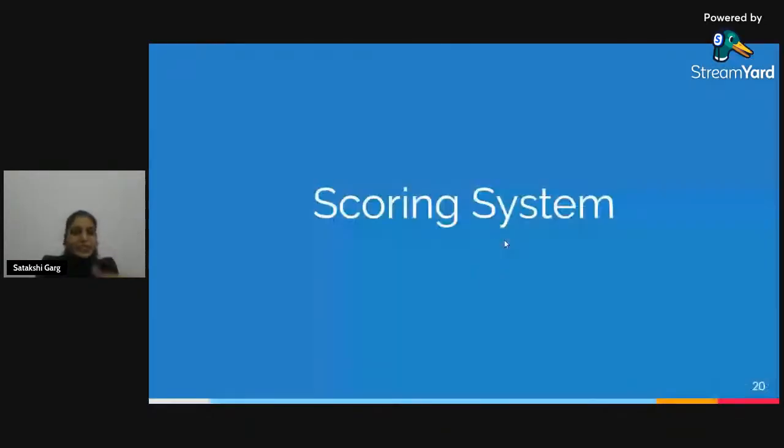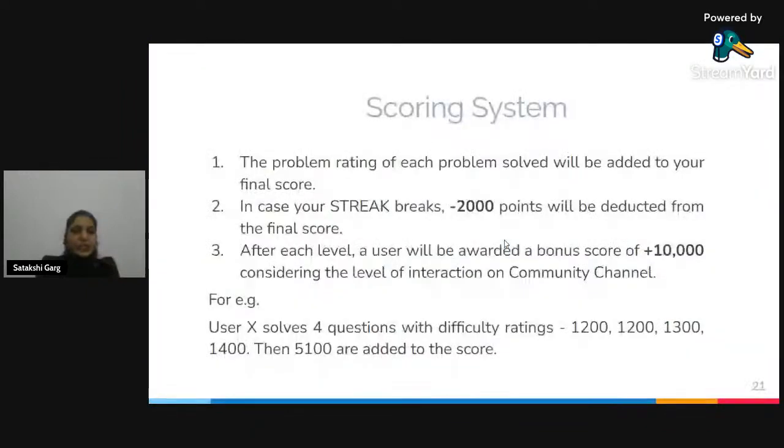Now let's talk about the scoring system I was telling you about. As we mentioned, you have to solve problems of a specific problem rating. The ratings of the problems you solve on Codeforces would be added to your score. I'll show you what problem rating is exactly in a while, and you'll understand it better. On Codeforces, problem rating starts from 800.